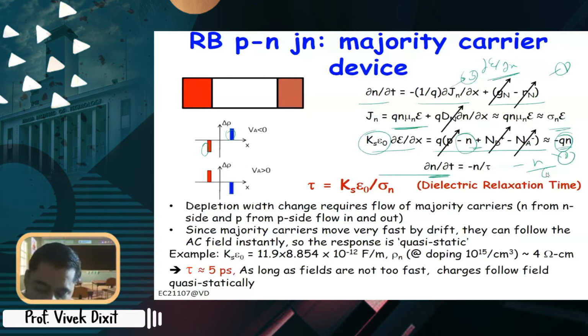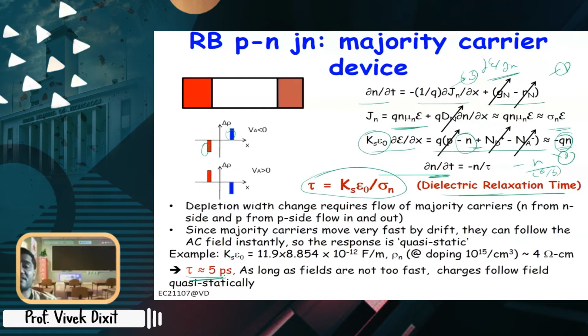And this epsilon by sigma has a name. It's called the dielectric relaxation time, and if you calculate for silicon with typical doping, it comes out to around 5 picoseconds. So it's of the order of picoseconds, which means majority carriers respond very fast.